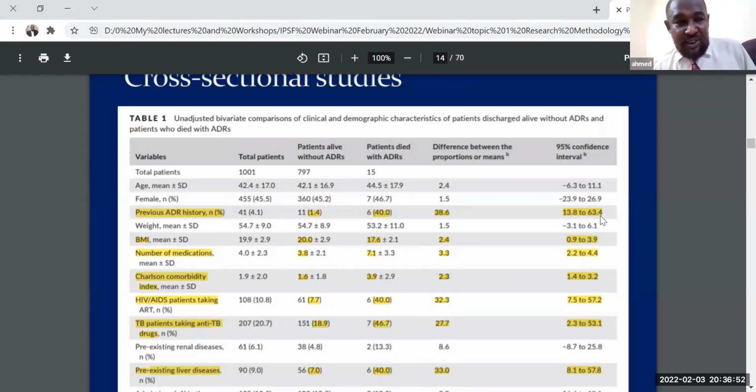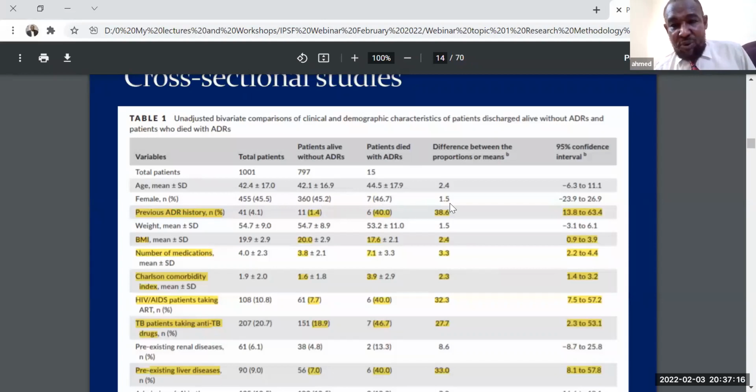But if we see, for example, the figure just above it, which represents the percentage of females, when they compare females between the two groups, they found that females represent 46% among those who died with adverse reaction and 45% among those who are alive.